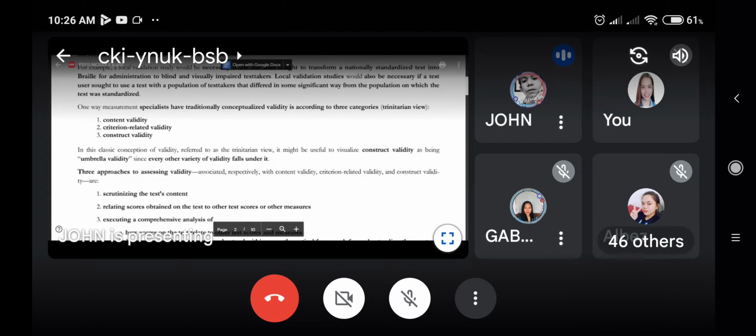If the test is a measure of anxiety, then the construct of the test must be anxiety. Ano, so ibig sabihin nun, if you establish the construct validity of that anxiety test, then you are also able to achieve its content and criterion related validity.